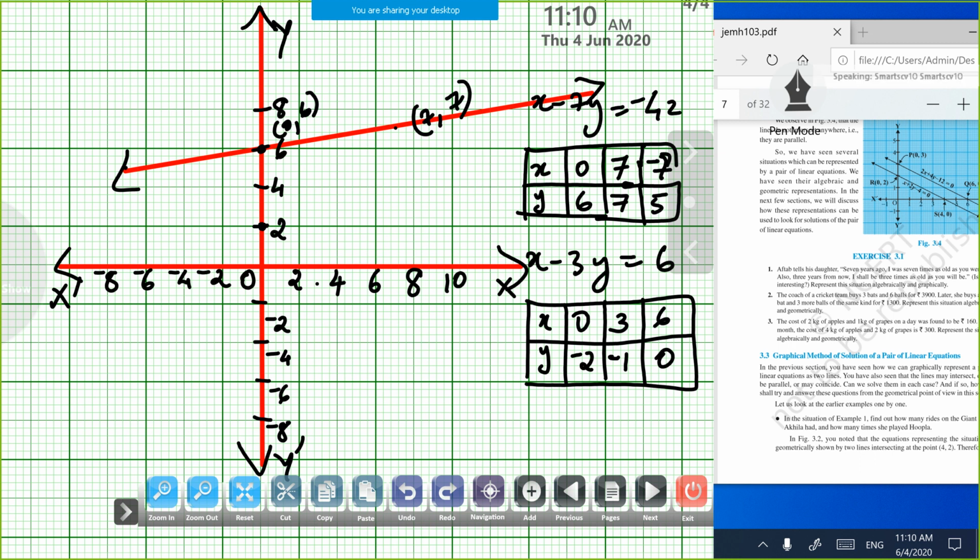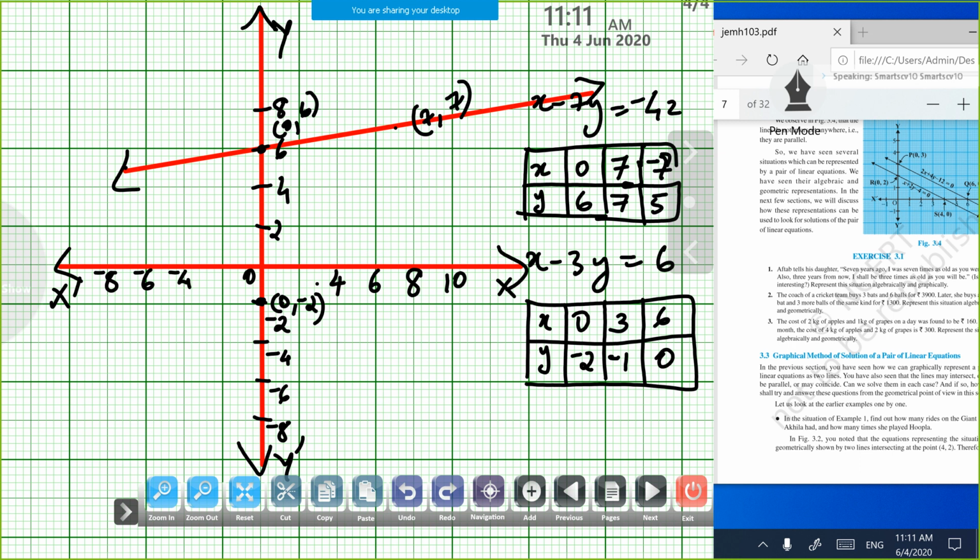Sorry, first point is wrong. The first point is x is equal to 0, y equal to minus 2.